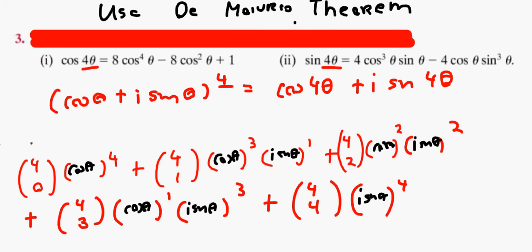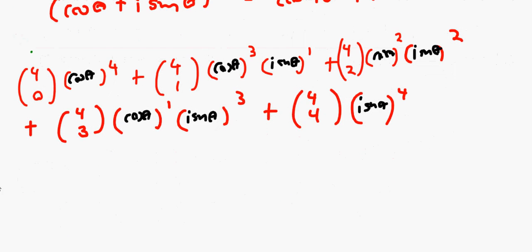Alright, now, 4c0, anybody? 1. 4c1, 4. 4c2, 6. 4c3, 4. 4c4, 1. It's symmetrical, isn't it? 1, 4, 6, 4, 1.